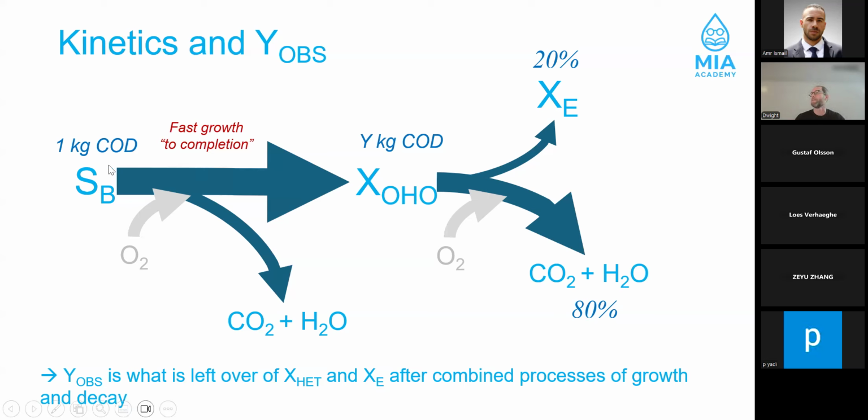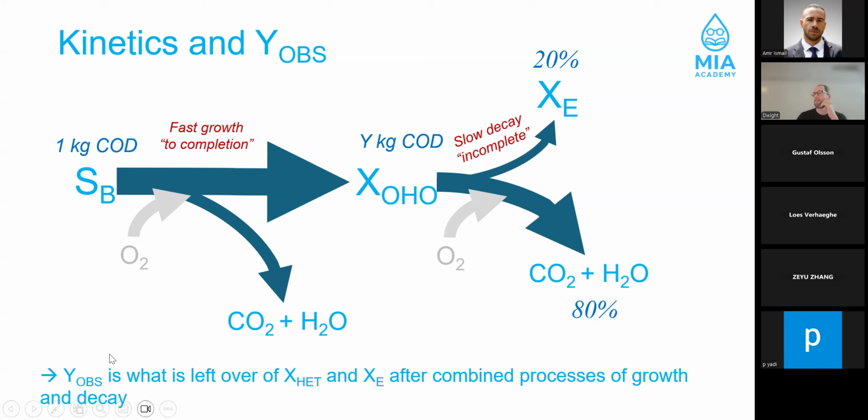So this one is just going to be converted almost entirely, if not 99%, to Y kilograms of COD. But the second step, in which essentially decay is taking place, is a much slower process, and it's going to be incomplete. And so this is the step which really requires us to think about model kinetics.